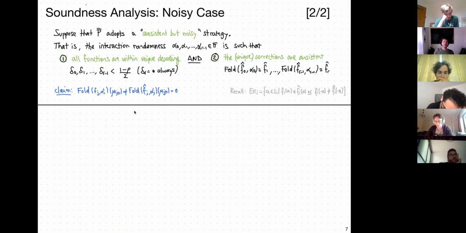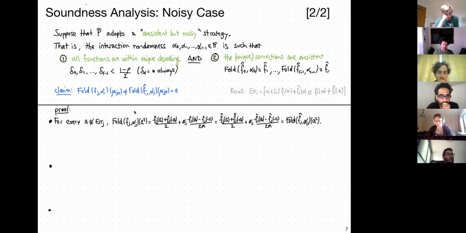Okay, so we reduce the problem to just proving this claim here. So let's do that. And the proof follows by 3 easy steps. The first step is just a small observation. Suppose that we have an element, and that element is not in the error set.